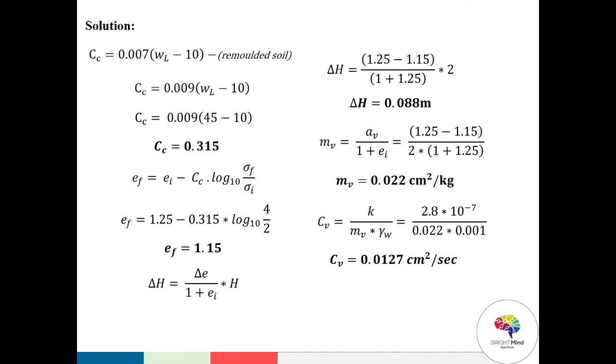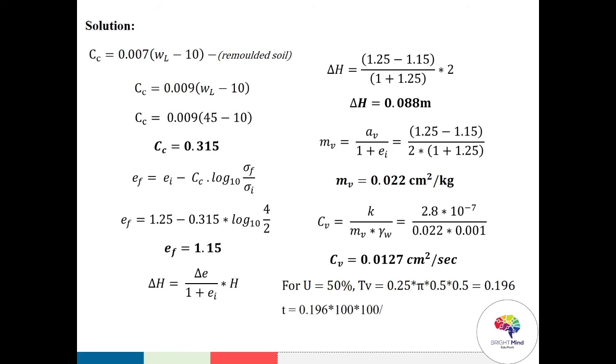Now for 50% consolidation, we know that the value of Cv will be equal to Tv into d square upon t50. So for 50% consolidation the time factor, we know it is 0.25 into pi into 0.5 into 0.5, that is 0.196.